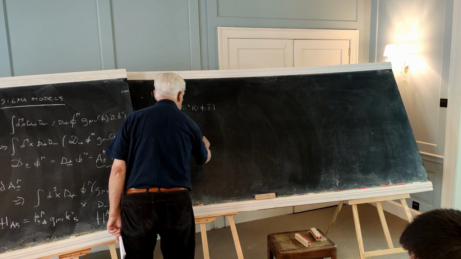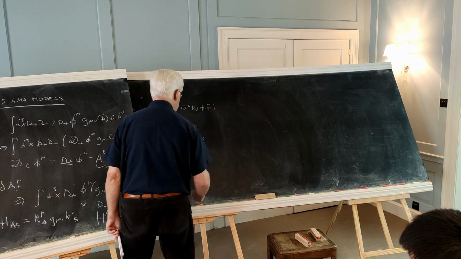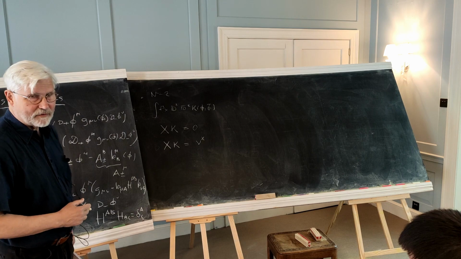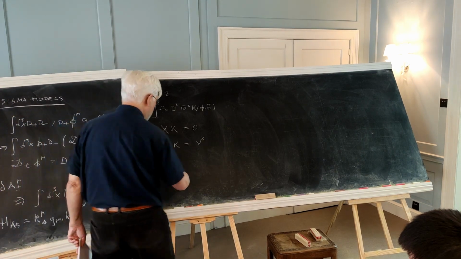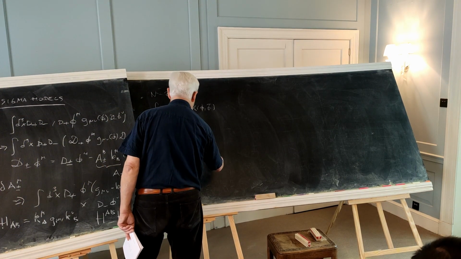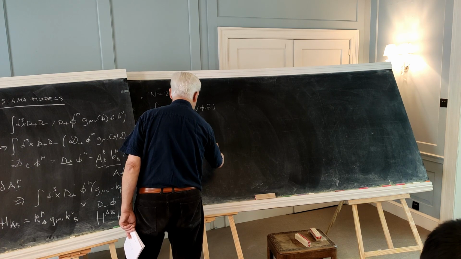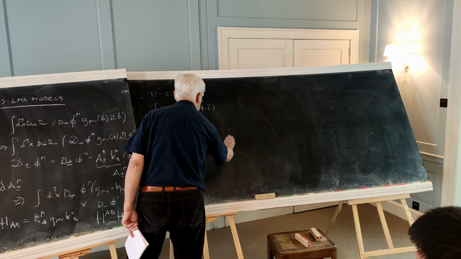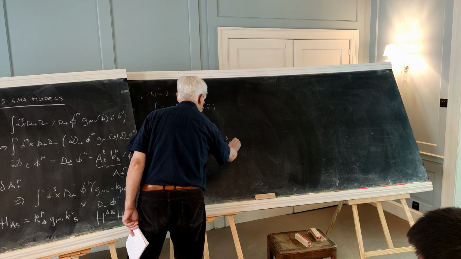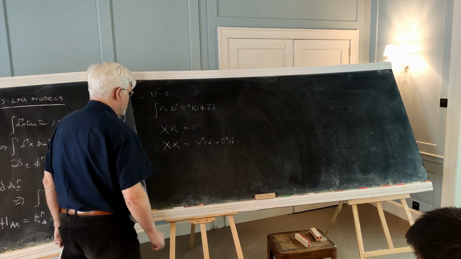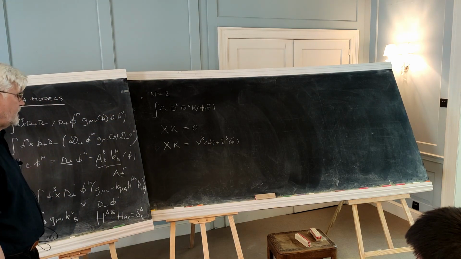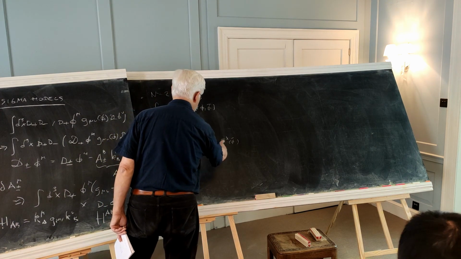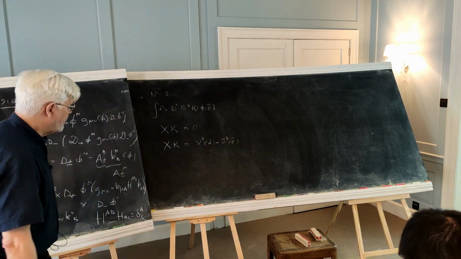xk is, I'm using notation which I've taken from one of the papers. That's this notation. So this is a Kähler-Gauge transformation, which means that it's a sum of a holomorphic and an anti-holomorphic function.